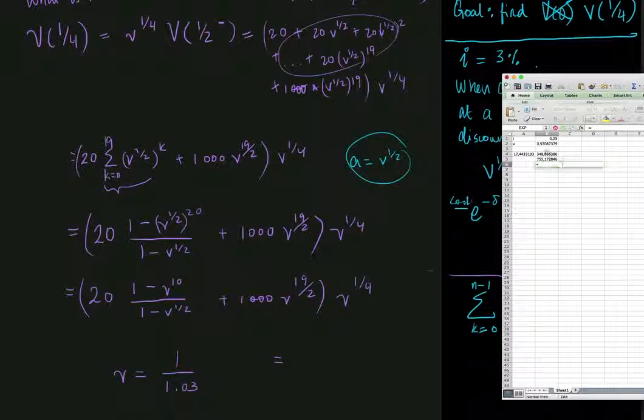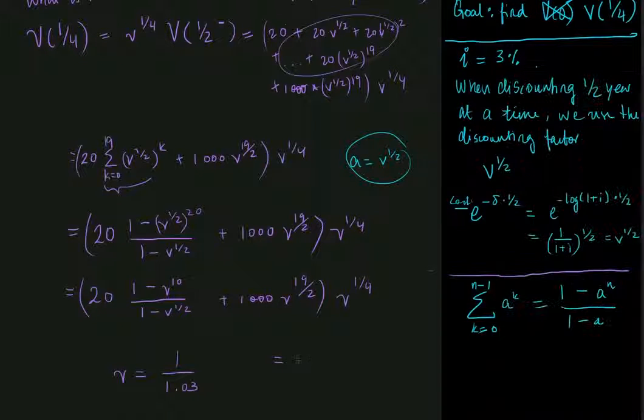So what I want now is the sum of these two: the first term plus the second term, multiplied by the discount factor for the quarter year, so v to the 0.25. My answer is 1,095.9, or just rounded 1,096.